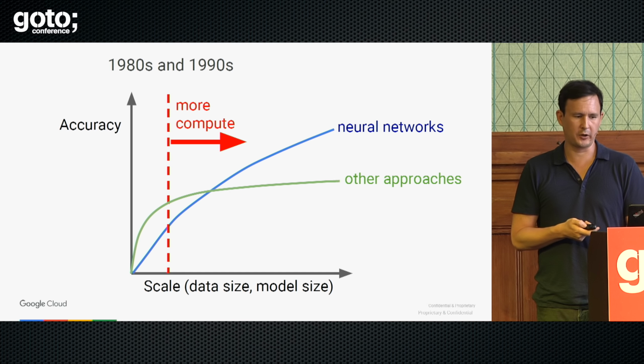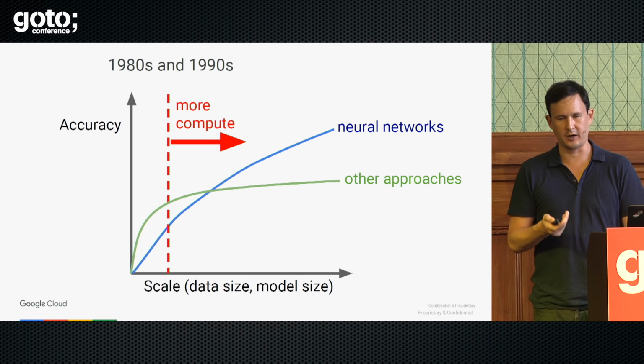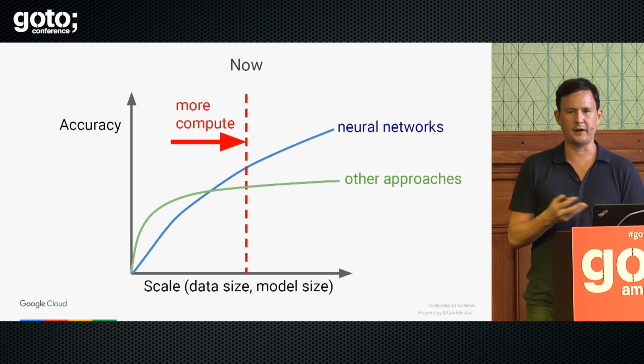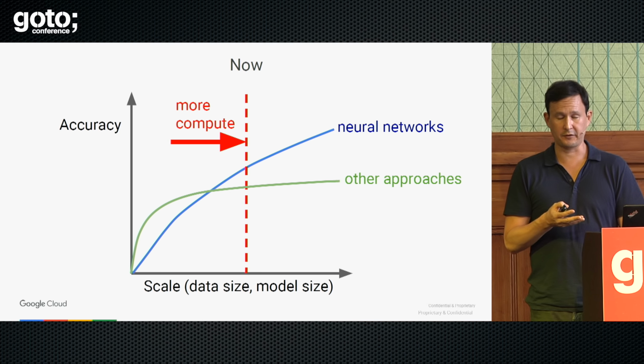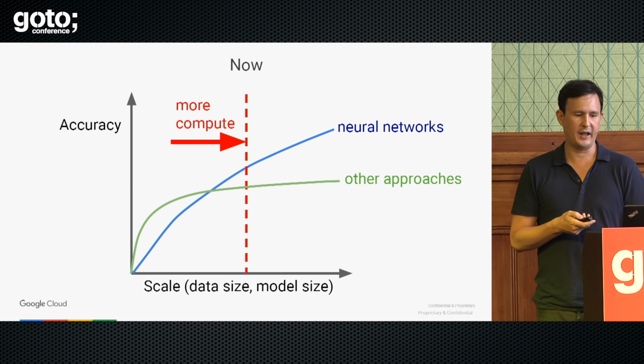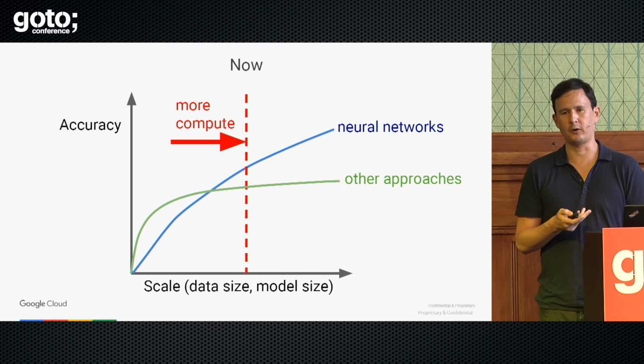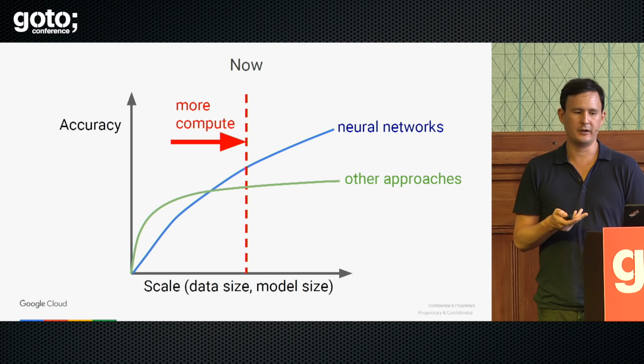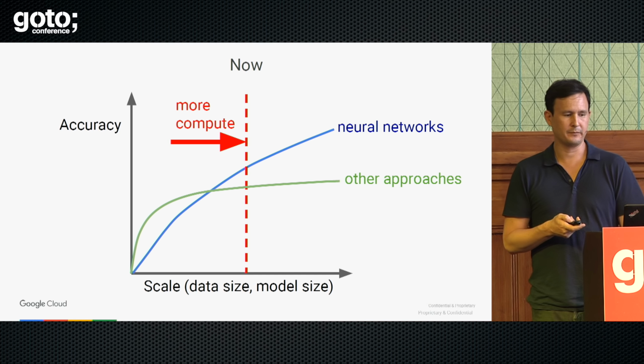But as we added more compute power and more storage through Moore's law, which basically describes it as doubling every 18 months or so, we get to a situation where there's actually a tipping point, and we're on the other side of the crossing point now, where we have enough data that these neural networks that require a lot of data to perform well have achieved liftoff. And so now they're outperforming the classical models because we're able to effectively run them and we have enough data to train them.